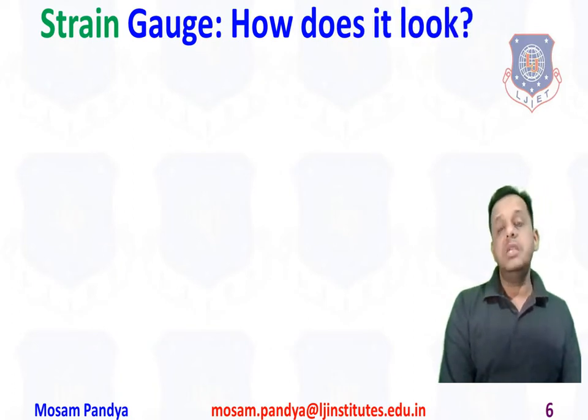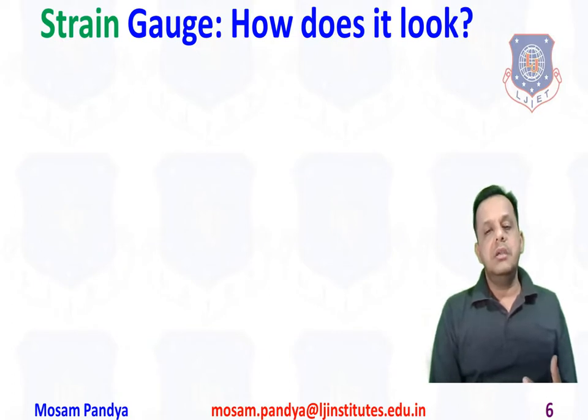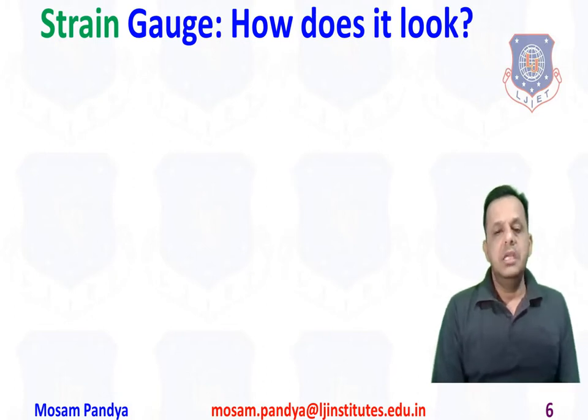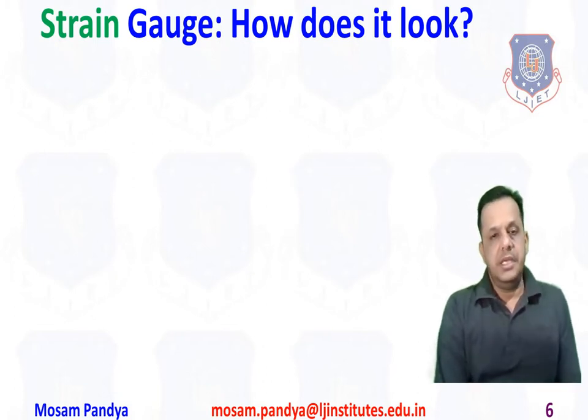So how does it look? First of all, this is all theory, and here I am teaching you online, so you should know how it looks like. We must see that.